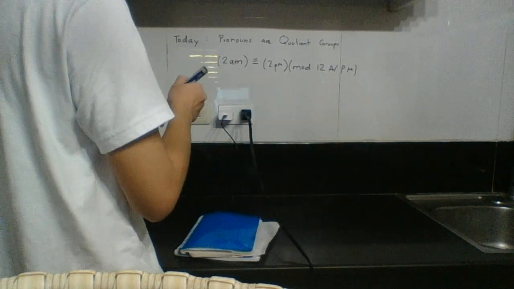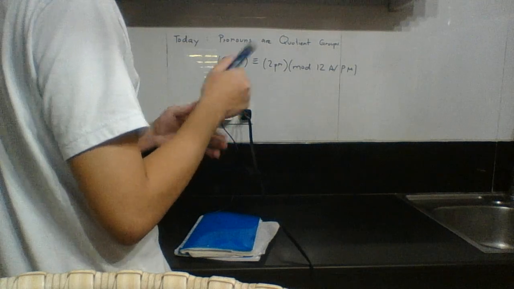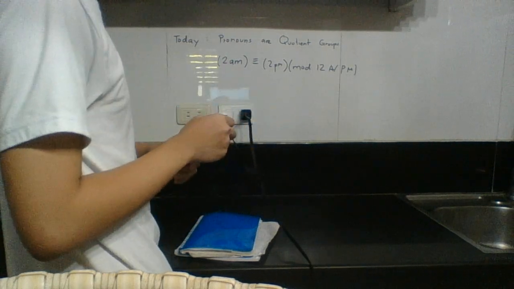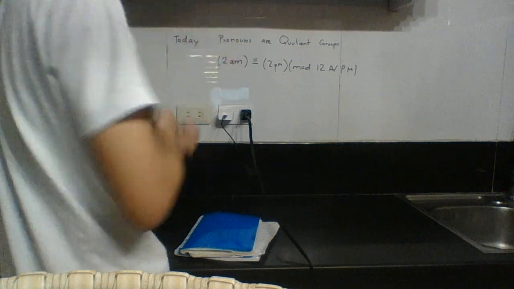Speaking in layman's terms, 2 AM is the same in a way as 2 PM, mod 12, AM or PM. So we're saying that 2 AM is exactly the same as 2 PM under the stipulation that the arm continues moving after one revolution, or after surpassing 12, it continues moving, right?